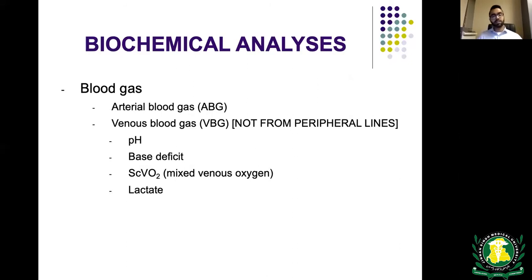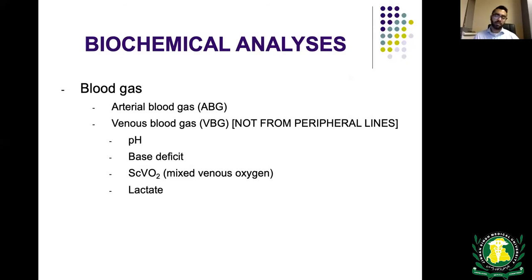Mixed venous oxygen is your oxygen concentration in the venous system as it has gone through the whole system. And that is dependent upon various factors. Number one, the oxygen content, which is derived from hemoglobin times 1.34 plus 0.003 times the partial pressure of oxygen.